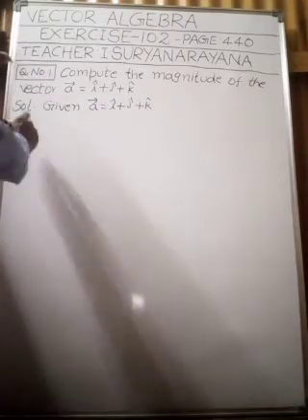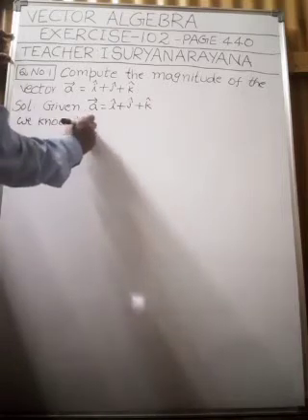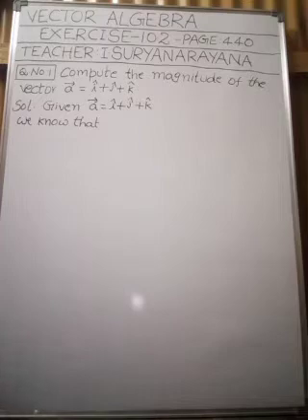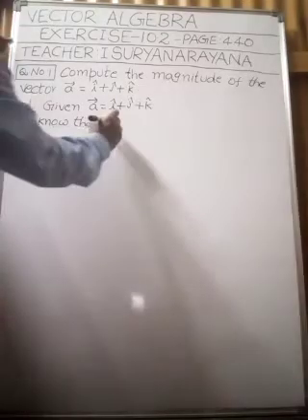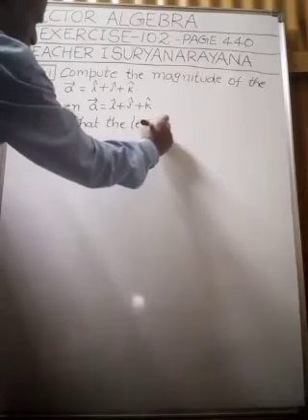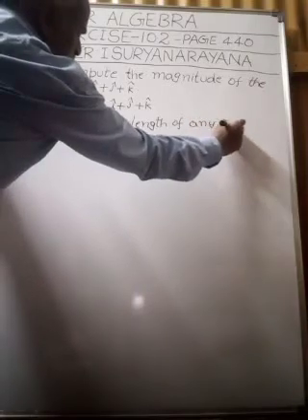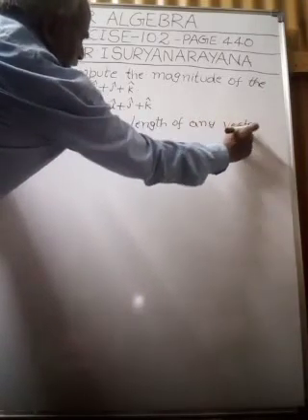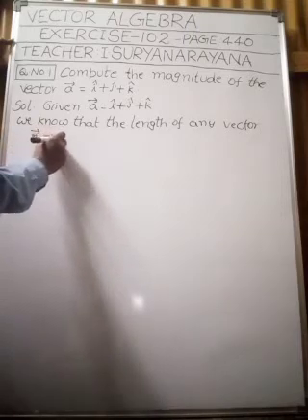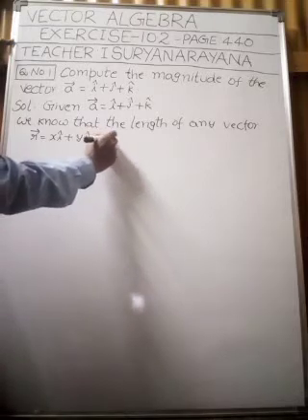We know that the length of any vector r bar is equal to x i cap plus y j cap plus z k cap.